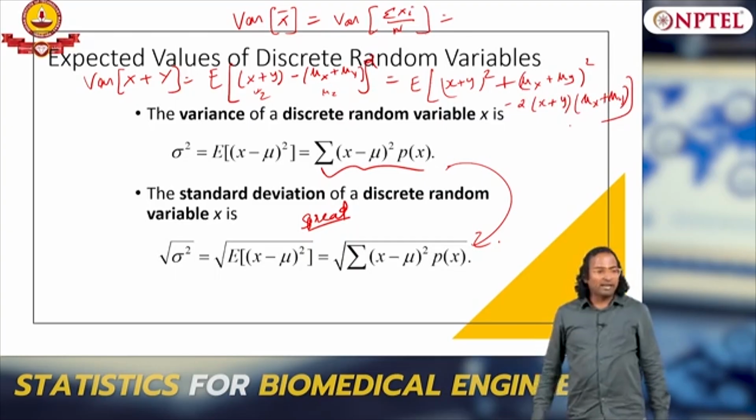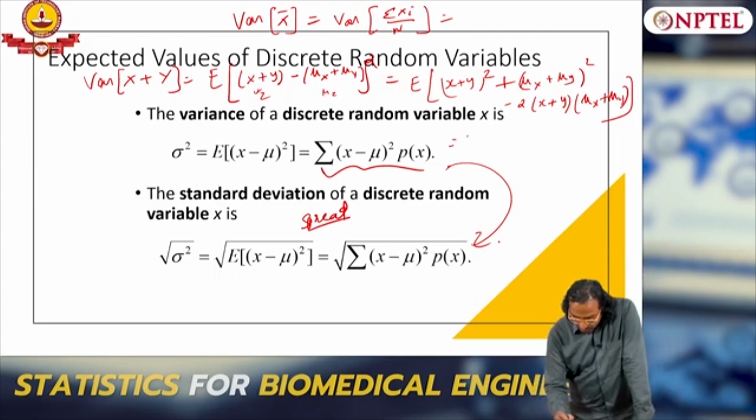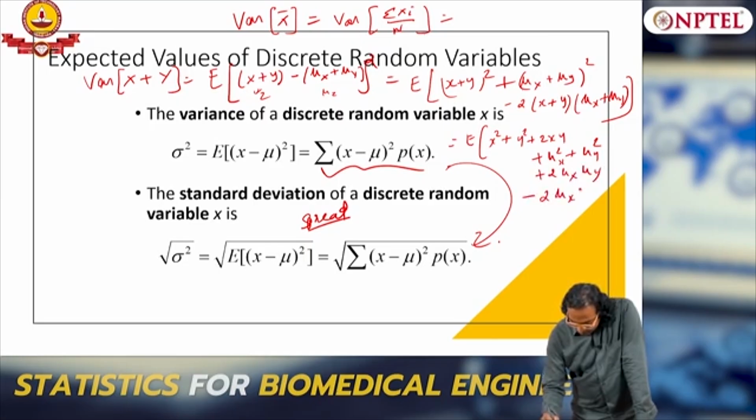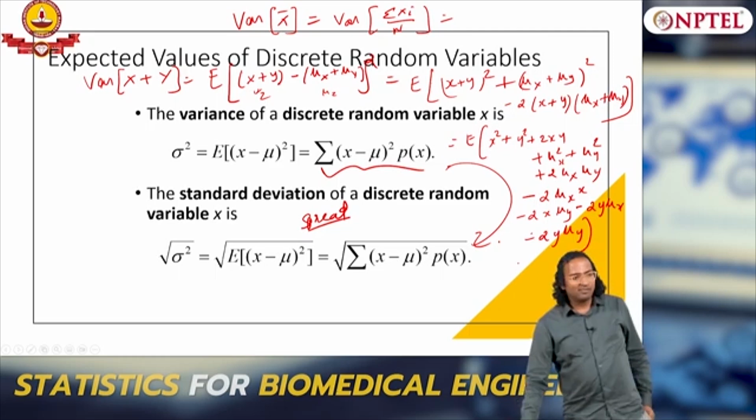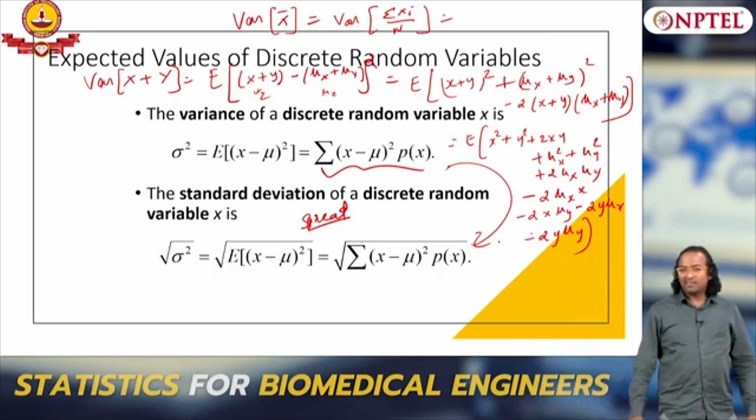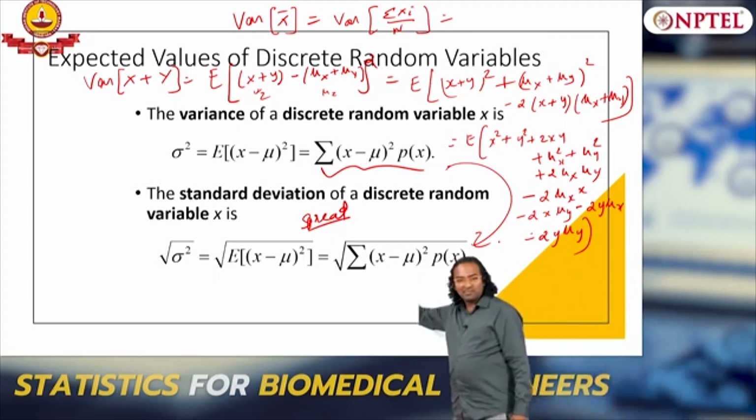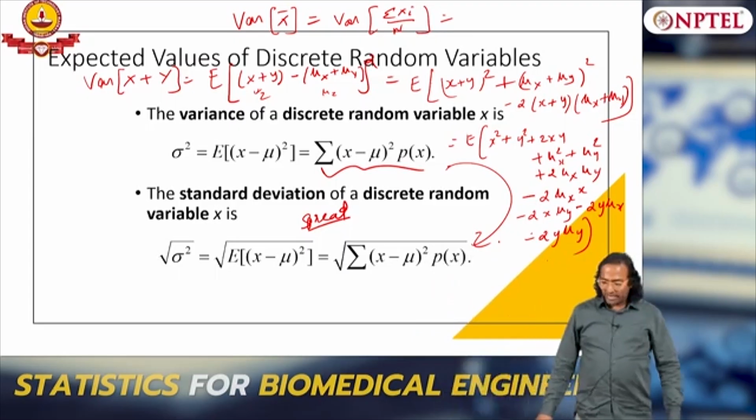Okay, clear. Now again this will become what? Sorry, minus. Okay, clear? Yes or no? These are the terms, right? Now then what do you do? Take the expectation operator.